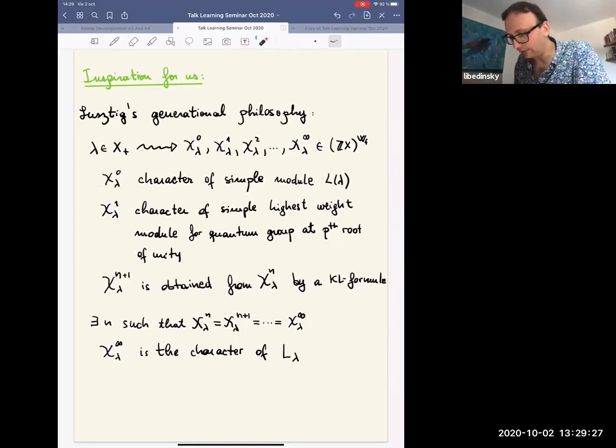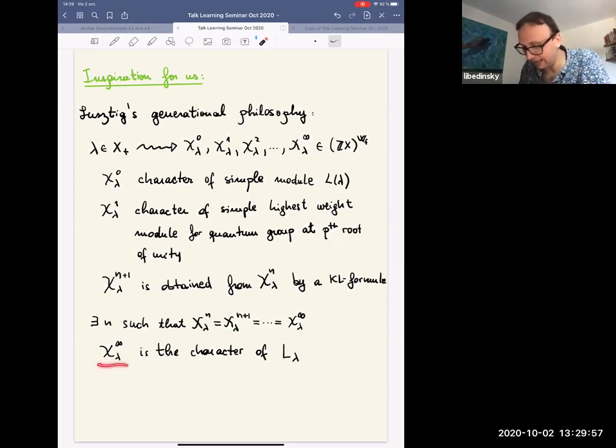The second one is the character of the simple module associated to the quantum group at a pth root of unity. So these first ones are characters of some simple modules in some category. Then you pass from x_n to x_{n+1} by some kind of formula involving Kazhdan-Lusztig polynomials. And then at some point, it stabilizes.